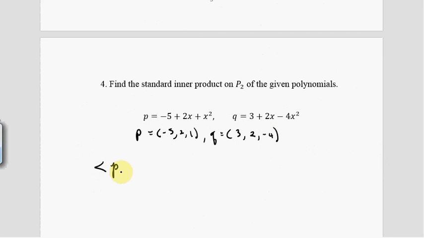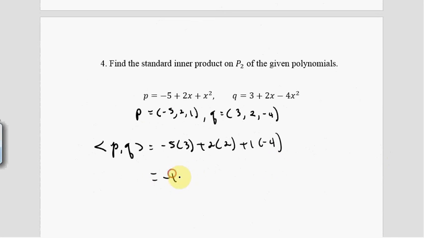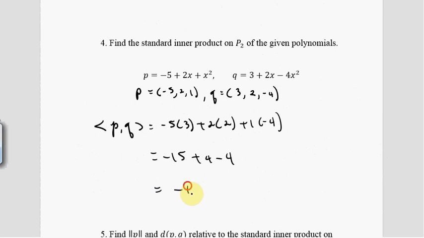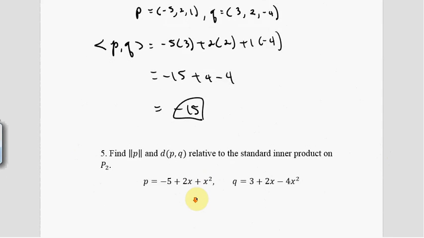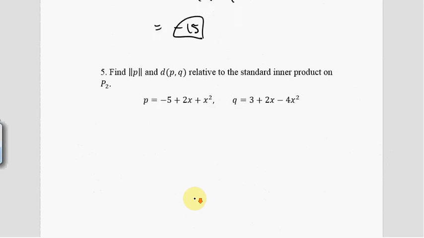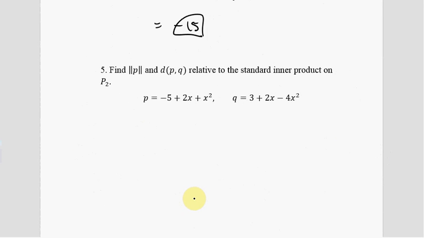So the inner product of P and Q, negative 5 times 3 plus 2 times 2 plus 1 times the negative 4. So negative 15 plus 4 minus 4, just get negative 15. The norm and the distance, still same two polynomials.